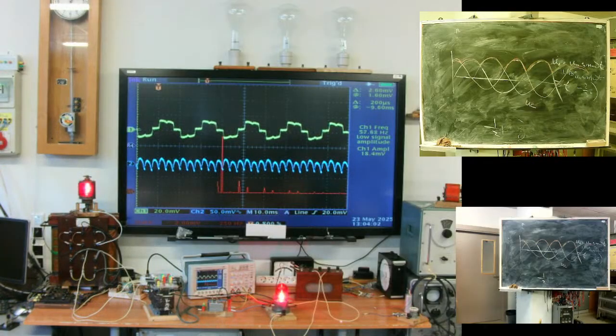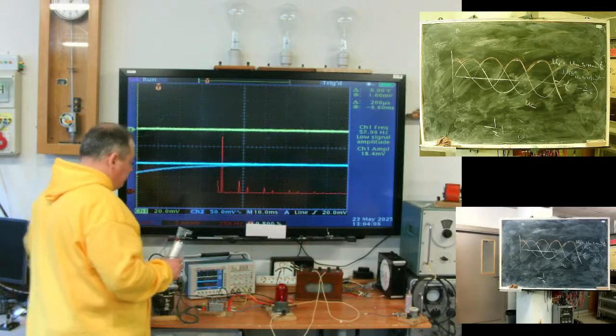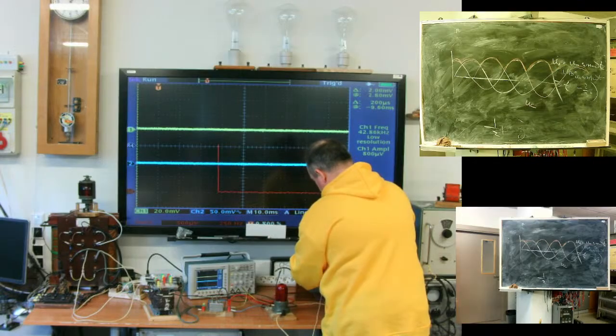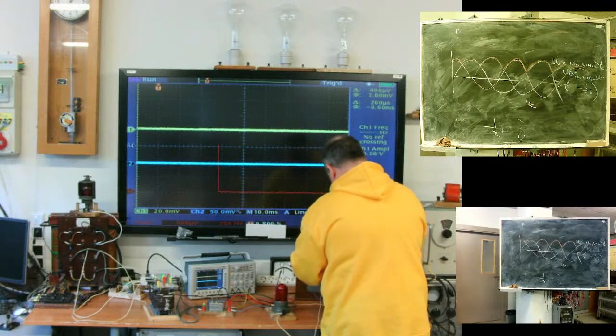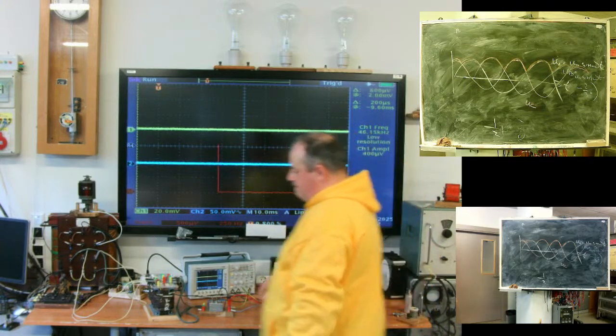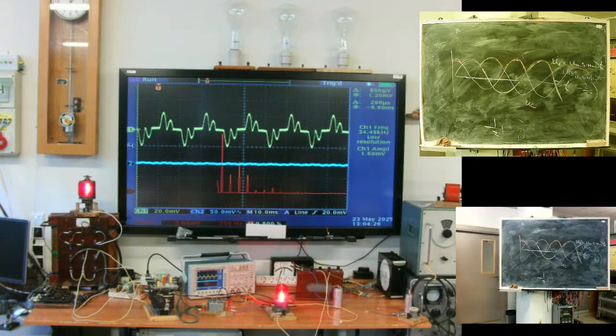If we add a capacitor, that's what happens.